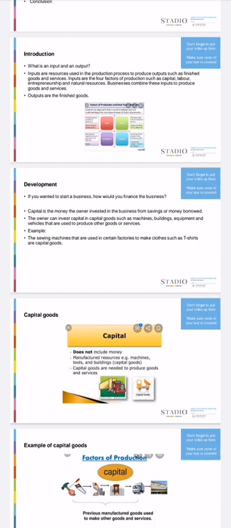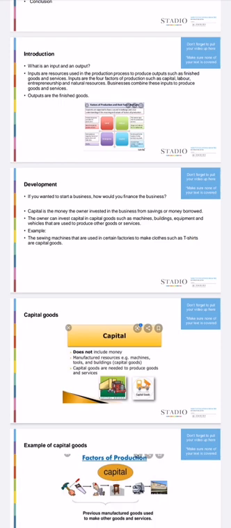The next factor is called enterprise, also known as entrepreneurship. A person organizes the factors of production and takes risks. He or she starts a business and is known as an entrepreneur. In return for taking those risks, he receives a profit if the business is successful.